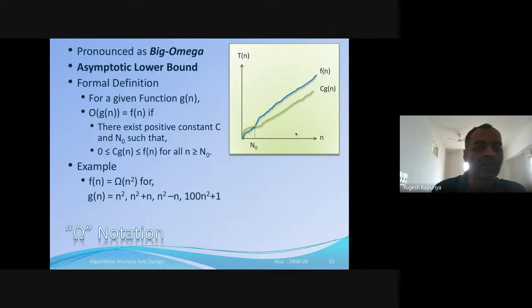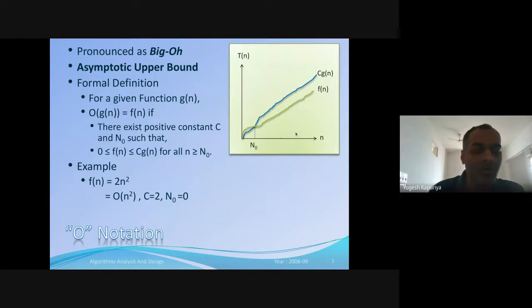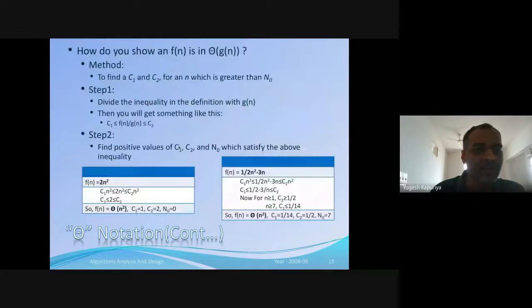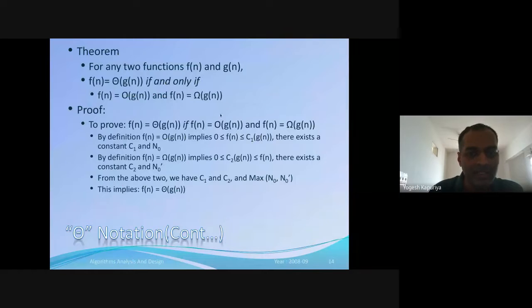See the definition of big O. I'm saying that Fn is big O of Gn, it means this is true. So I'm using the same concept over here. In our case as well, we assume that Fn is equal to big O of Gn. Then by definition, this is what we can achieve.